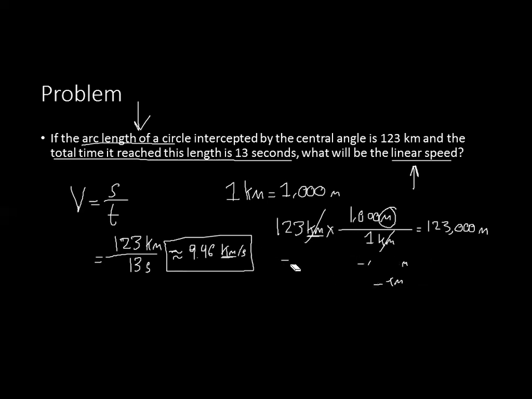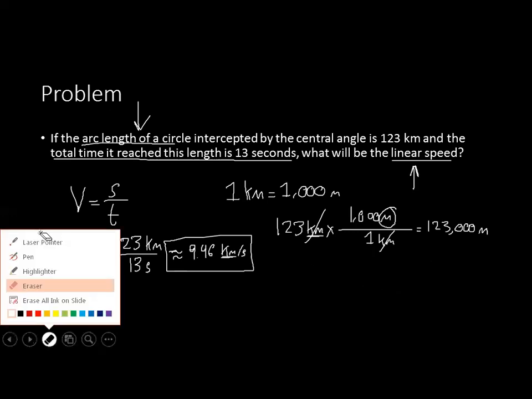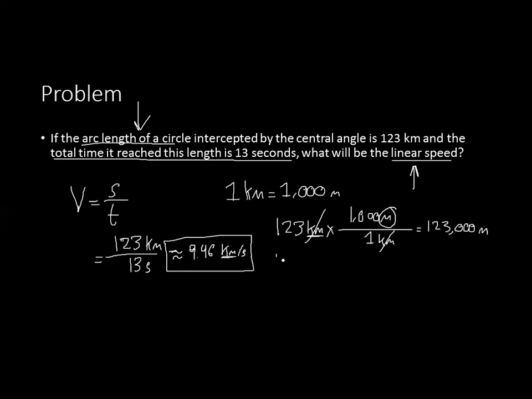Now let's proceed. We can now substitute 123,000 meters to this one, in this formula. So what would be the answer here? So if you're going to use your calculator, divided by 13, right?